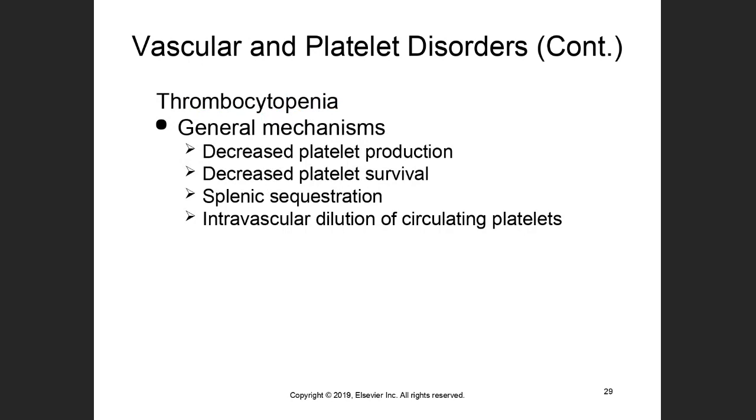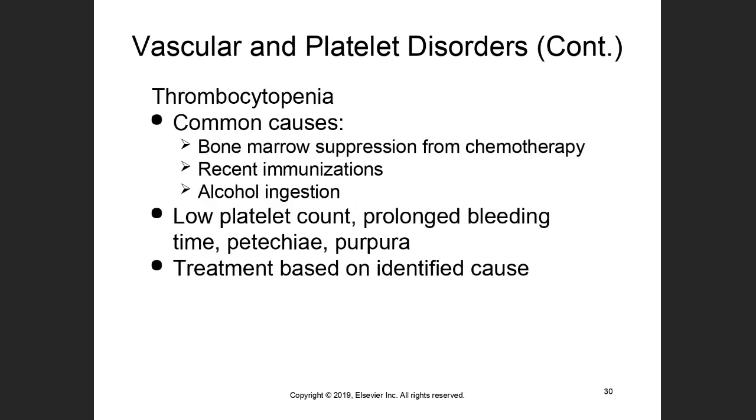Thrombocytopenia, general mechanism: decreased platelet production, decreased platelet survival, splenic sequestration, those are when the patient has a problem with the spleen, intravascular dilution of circulating platelets, that maybe happens when you give a patient too much fluid.